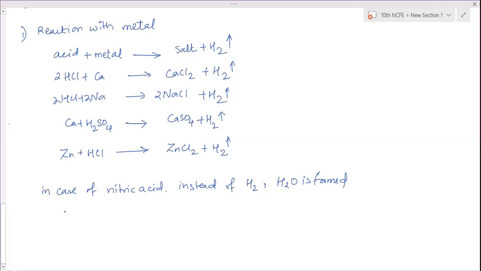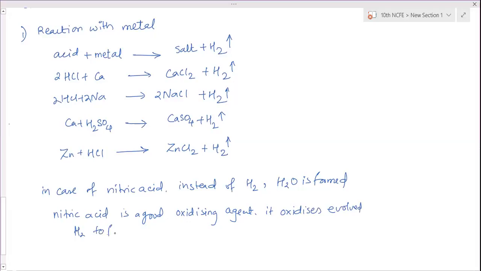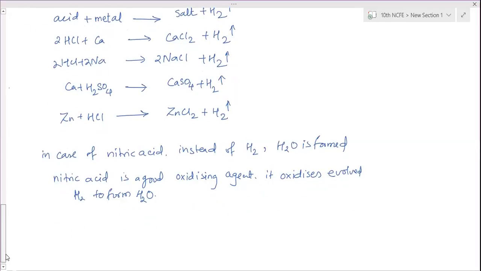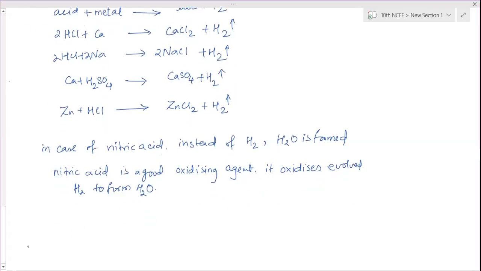Nitric acid is a good oxidizing agent. It oxidizes the evolved hydrogen to form water and itself gets reduced.